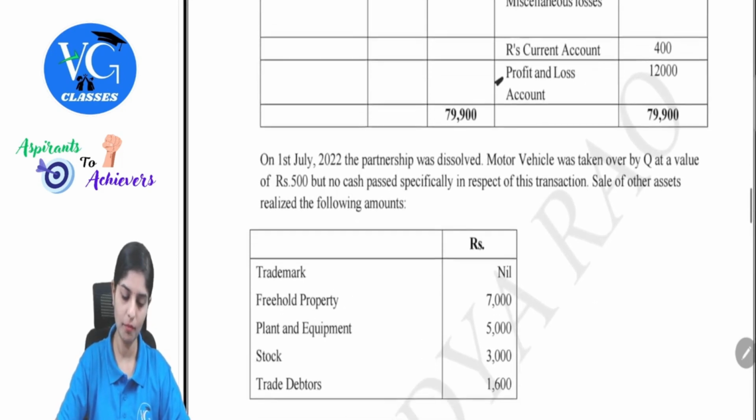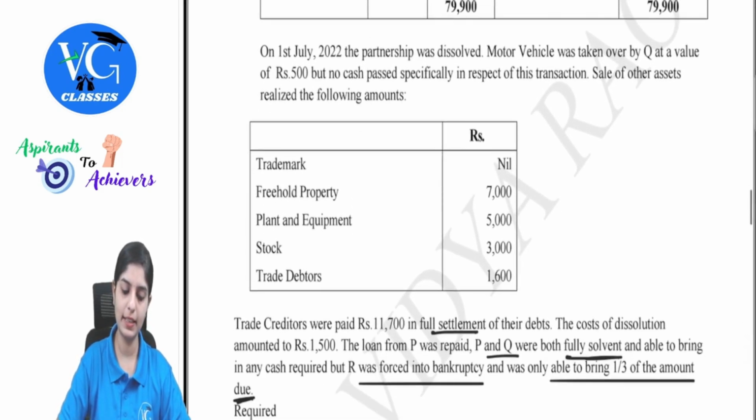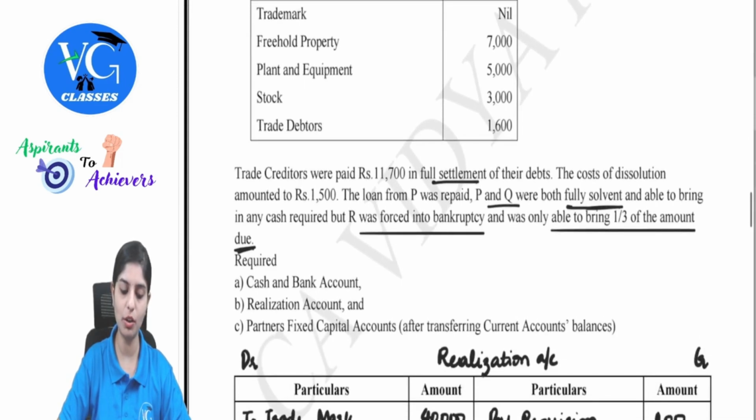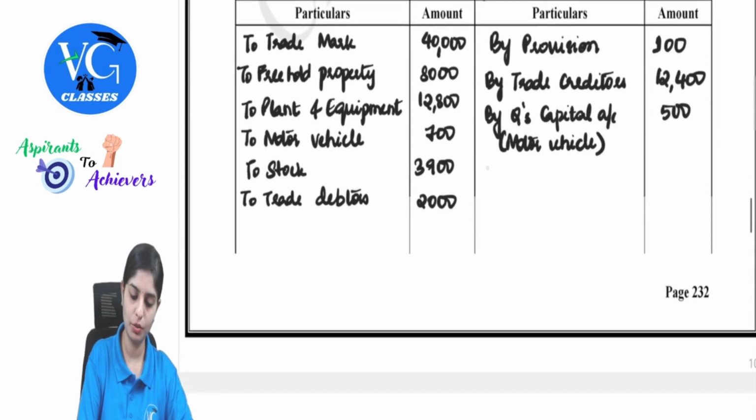Next, sale of other assets realized: trademark, freehold property, plant and equipment, stock and trade debtors. So we can just make it as one entry by bank account.